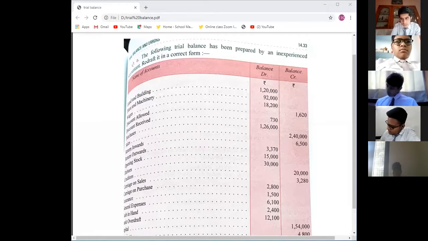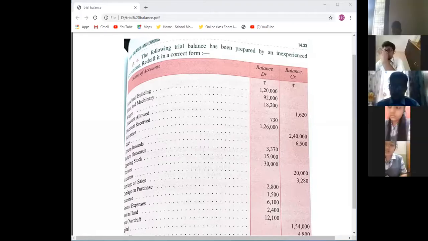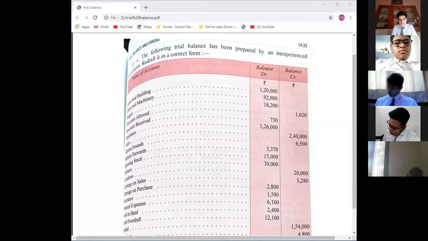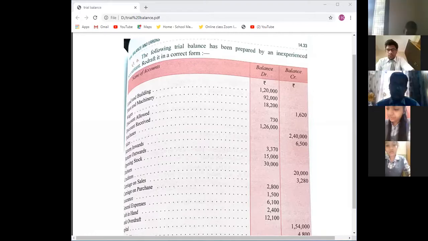Then we will discuss it. Tanish Malik. Yes. Rishiraj Singh.